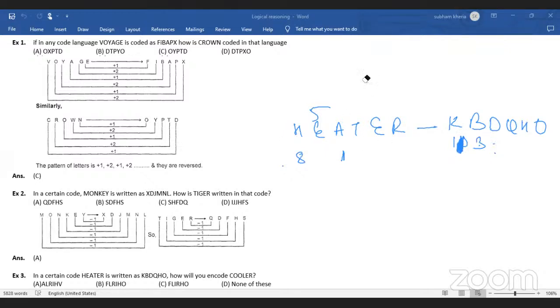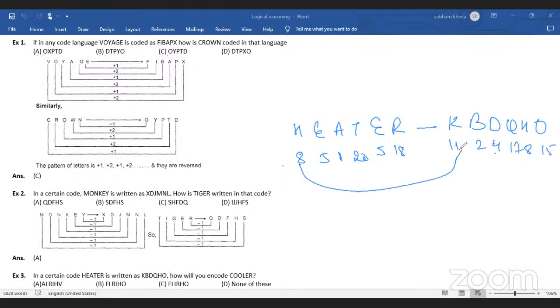My mistake. Hold on. Heater is 8 5 1 20 5 18. And this is 11 2 4, then 17, then H is 8 and O is 15.